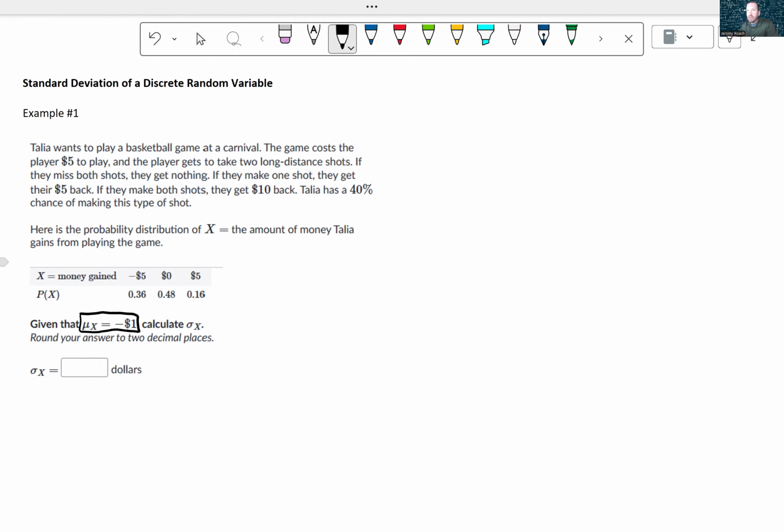But this question is asking us to find the standard deviation, which is how much those results are going to vary from that average. In order to calculate the standard deviation, we have to know the expected value, which we do know, and we also have to know the probabilities of each instance for X.